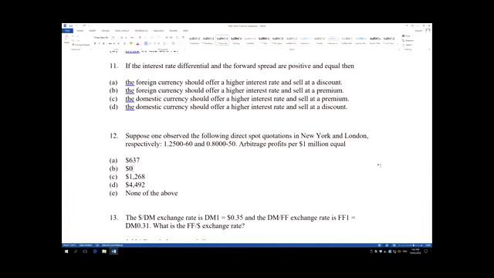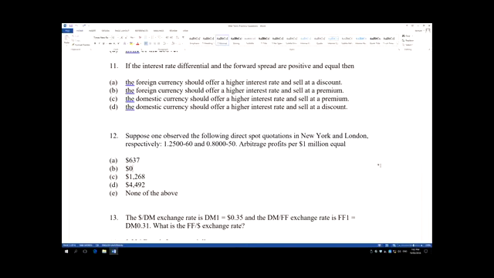So if we have a positive forward spread, that means that F minus S is positive, yeah? So that means in the future, we will get more or less of currency A. We will get more of currency A, which is the domestic currency, per unit of the foreign currency. Right? So that's what a positive forward spread means, right?